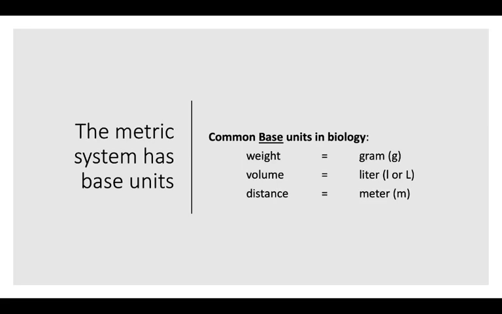The metric system is very universal because it has base units. In biology, those common base units are gram, abbreviated G, for weight, liter, L, for volume, and for distance, we use the meter.